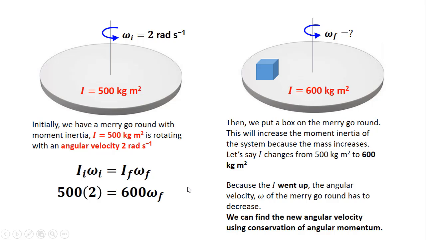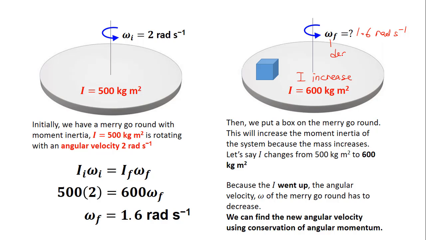We can calculate and we will find out that the final angular velocity will be 1.6 radian per second. So you will find out that when your I increases, our angular velocity will decrease.